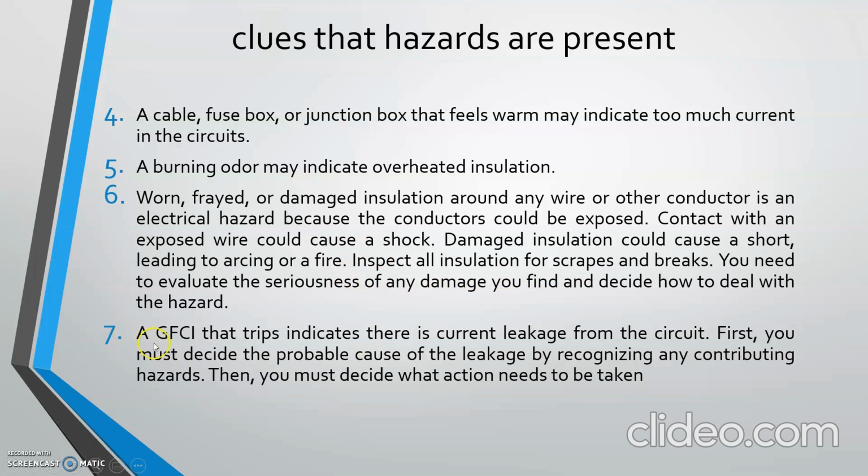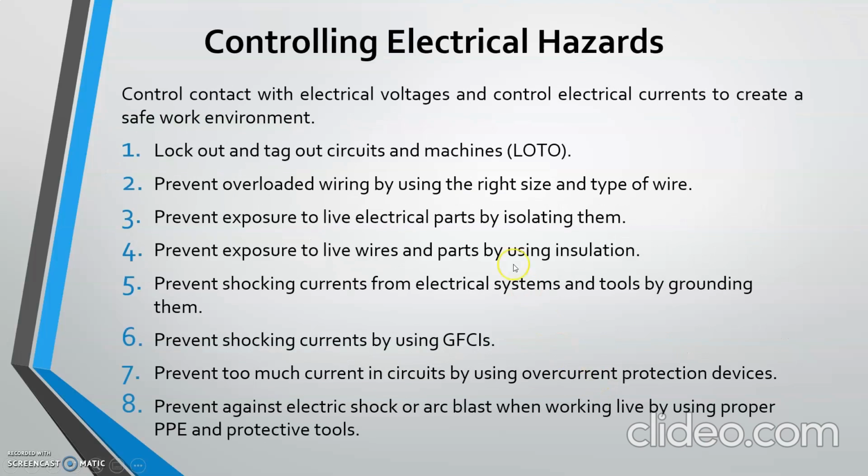The seventh is a GFCI, meaning ground fault circuit interrupter. A trip indicates that there is a current leakage from the circuit. So first you must decide the probable cause of the leakage by recognizing any contributing hazard. Then you must decide what action needs to be taken.